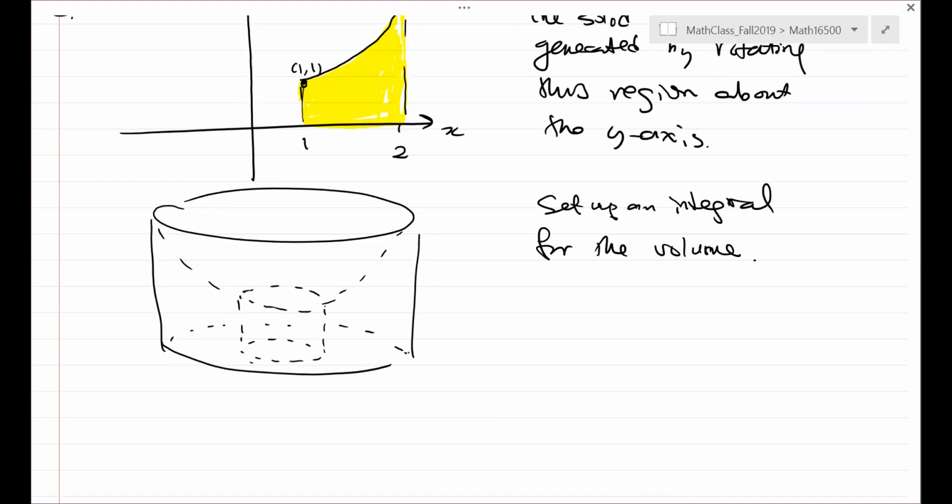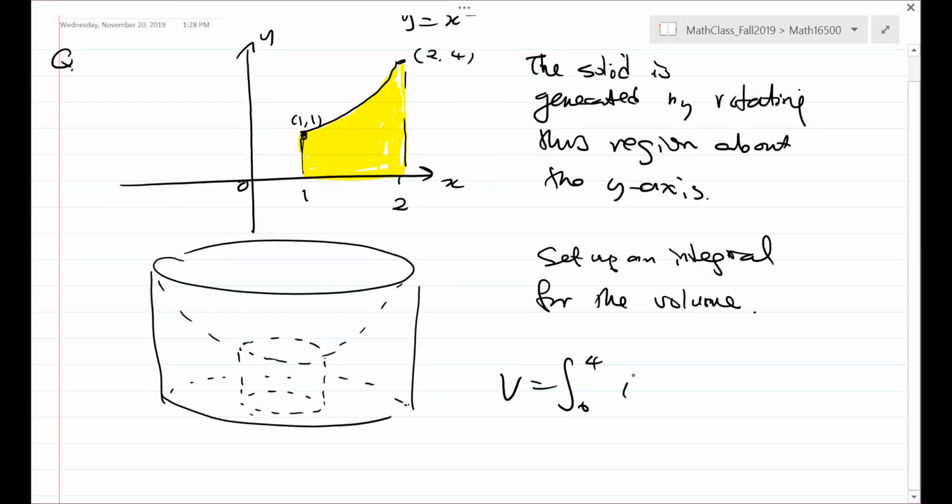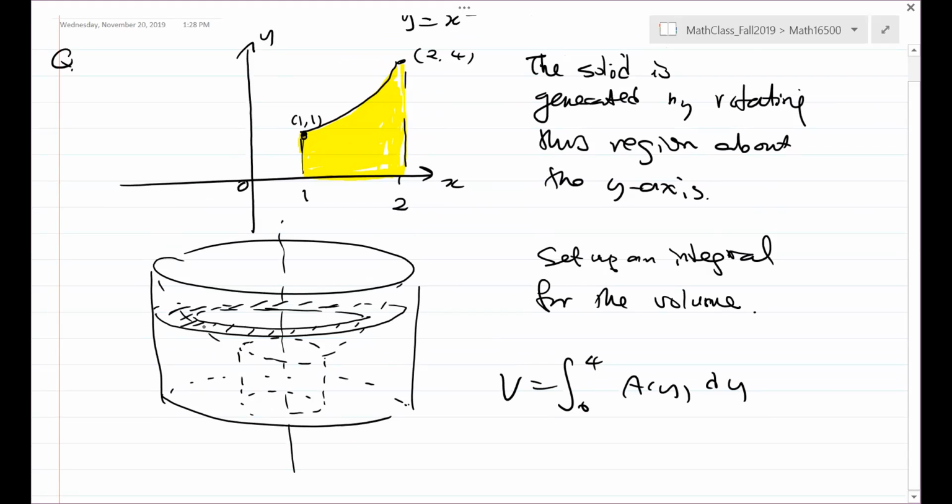So the volume is going to be the integral from 0 to 4 of A of y dy, right? And this is an axis, and you get a cross section. The cross section depends on where it is. So this cross section is going to be like a circle.